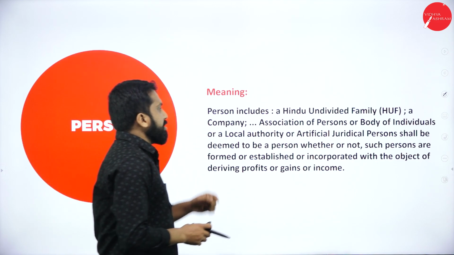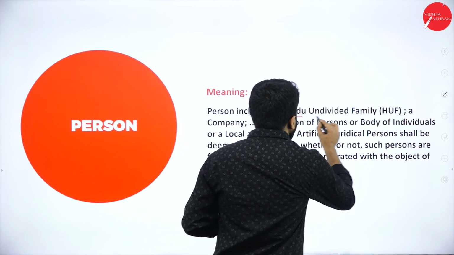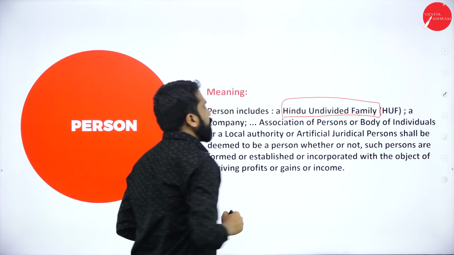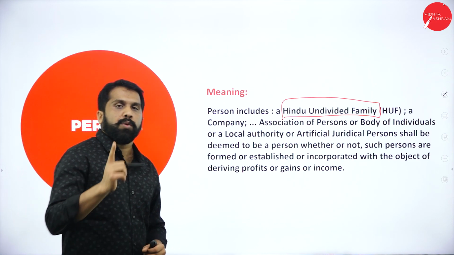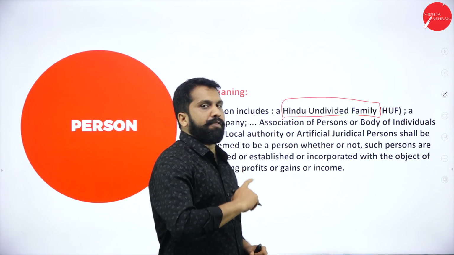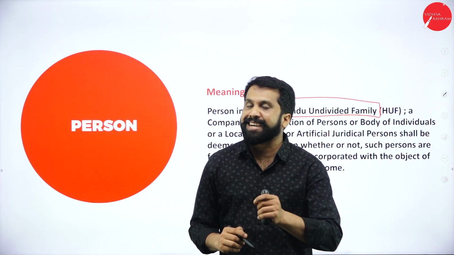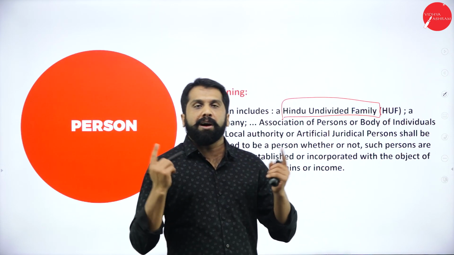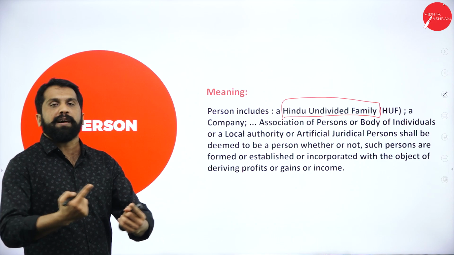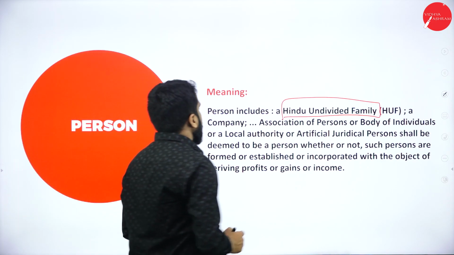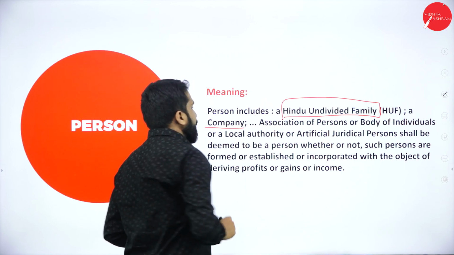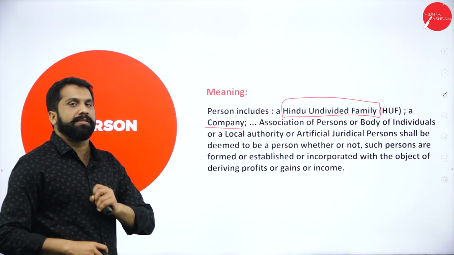Now, person includes HUF, Hindu Undivided Family. There are 100 members in a family. One person who is the head of the family, we call it as Karta. So, all put together, the family, we call it as one person. Now, a company, as I told you, Vidhyaashram is a person.